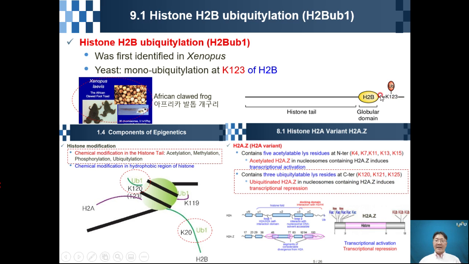K is lysine. So especially in yeast, the 123rd lysine is ubiquitinated. Okay, so this is the brief summary of histone H2B ubiquitylation.